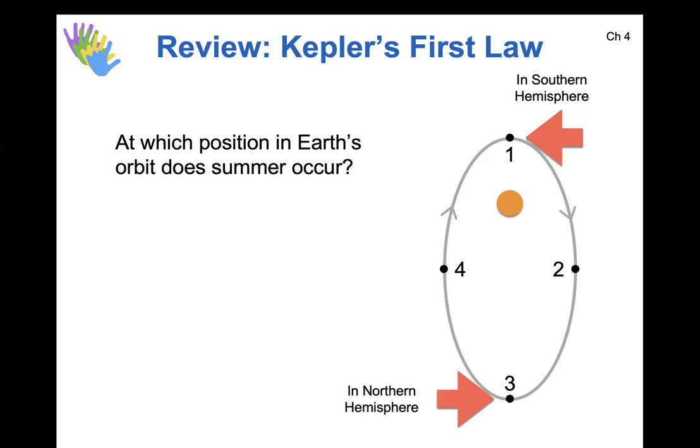So to summarize that in a couple of key statements, our variable distance from the sun is pretty small. One way to remember that is to remember that our orbit is pretty close to a perfect circle, unlike this figure, which shows a not to scale elliptical orbit.